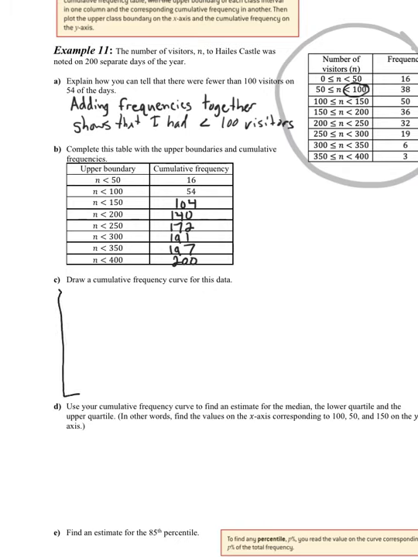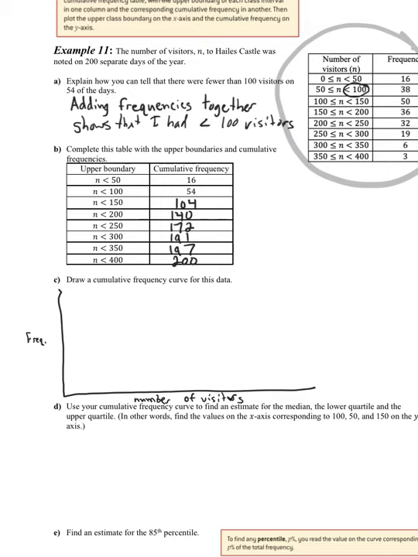Straight down. Straight over. All right, so on this side, we're going to call this the number of visitors. And on this side, we're going to call it the frequency. I'm just going to abbreviate that because I don't have much space.